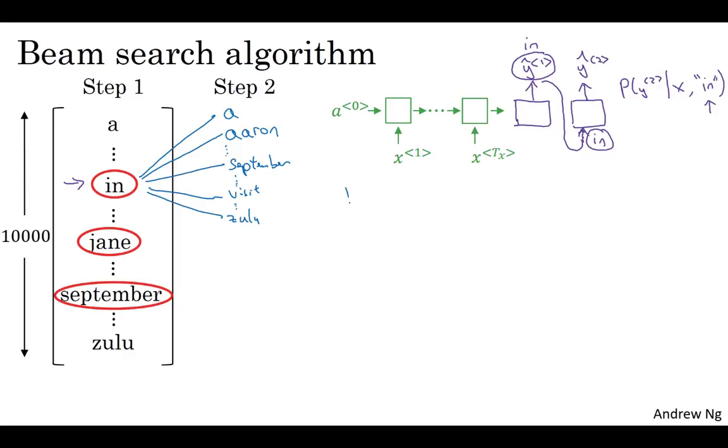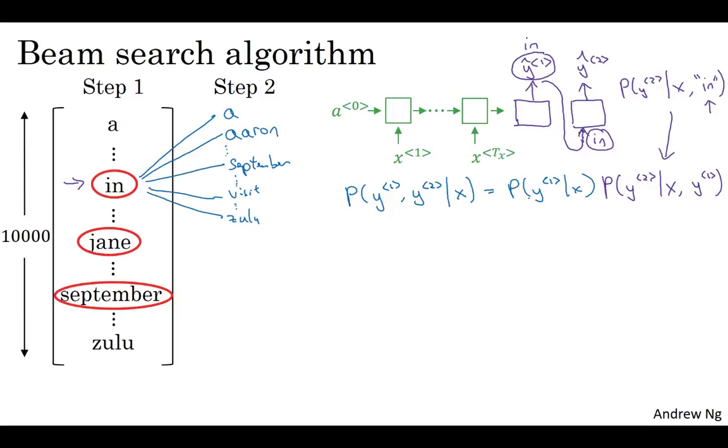Now notice that what we ultimately care about in this second step of beam search is to find the pair of the first and second words that is most likely. So not just the second word that's most likely, but the pair of the first and second words that are most likely. And by the rules of conditional probability, this can be expressed as P of the first word times P of the second word, right, which you are getting from this neural network fragment.